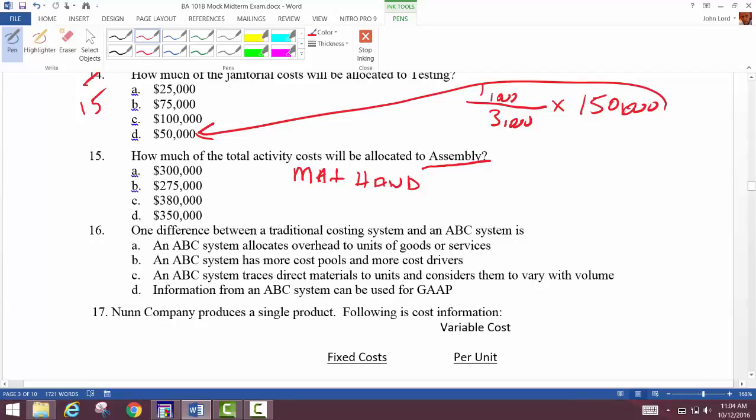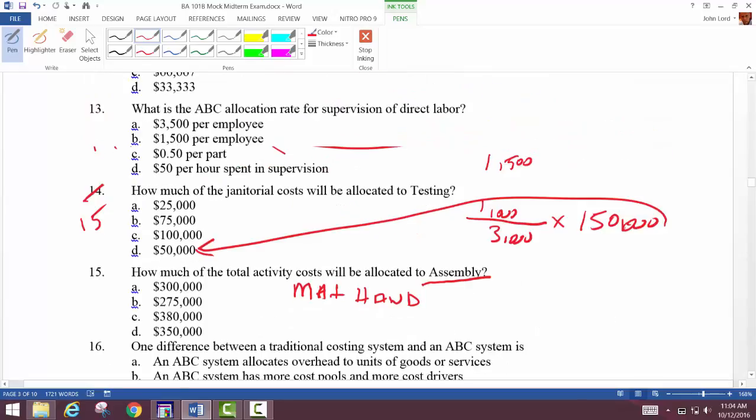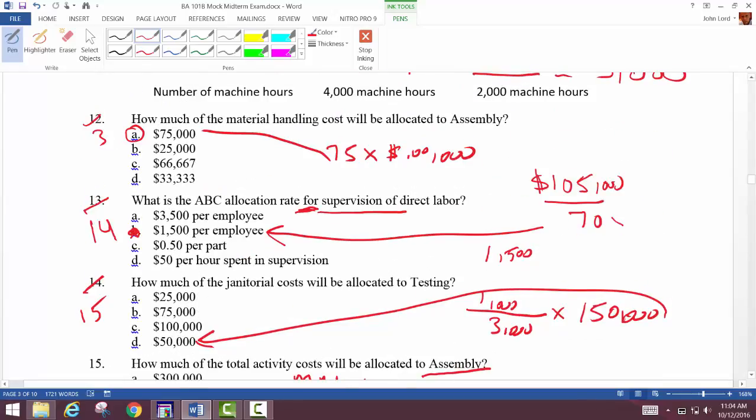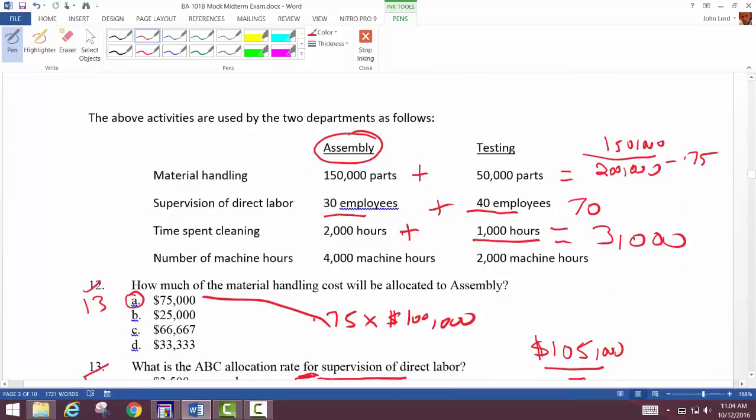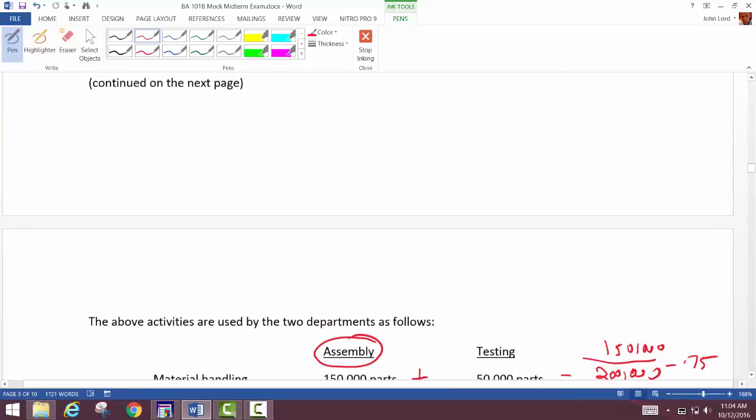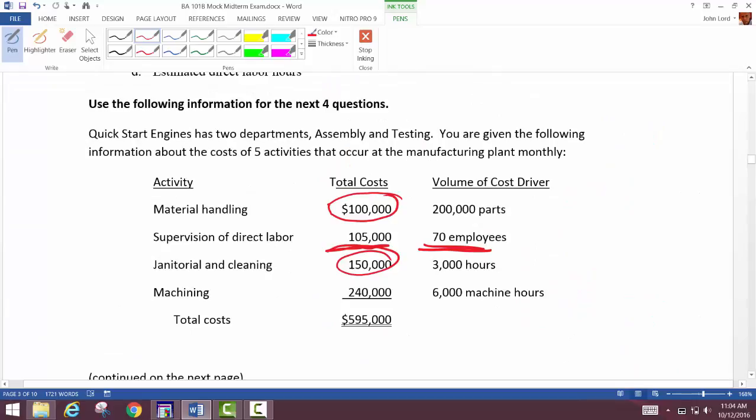The total cost of materials handling was 100,000.